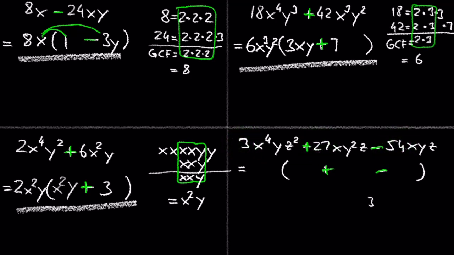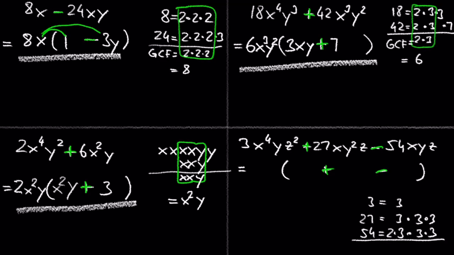The 3 has just the number 3 as a factor. The 27 we can write as 3 times 9, and 9 is 3 times 3. And we can write the 54 as 2 times 27. 27 is 3 times 9, and 9 is 3 times 3.